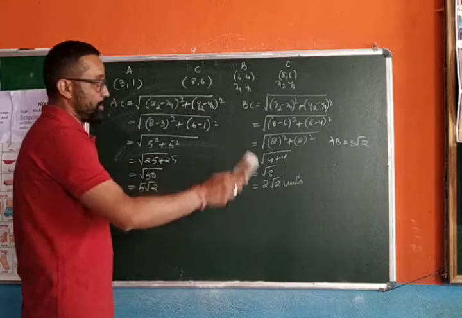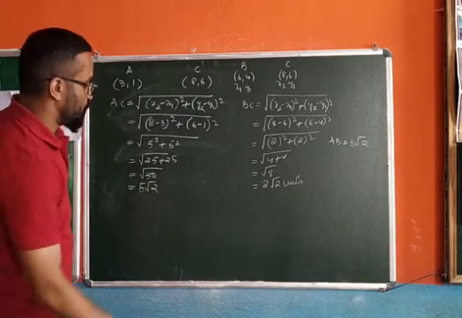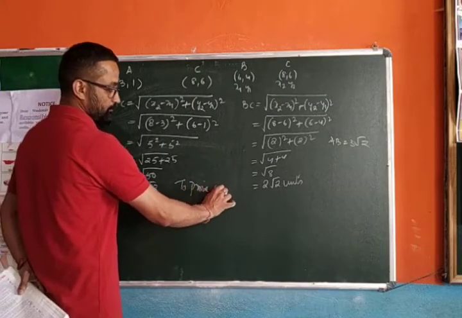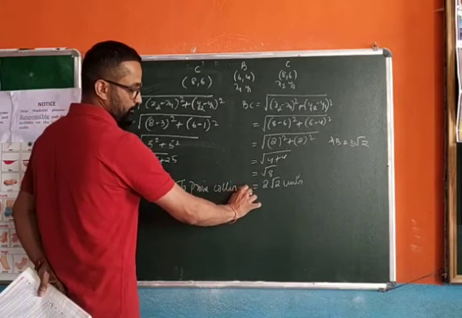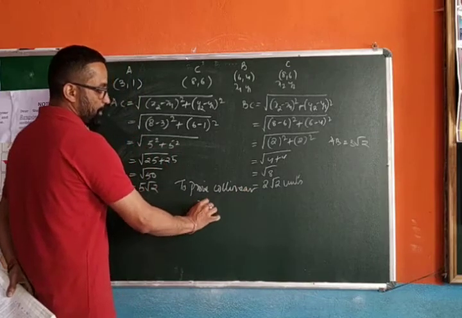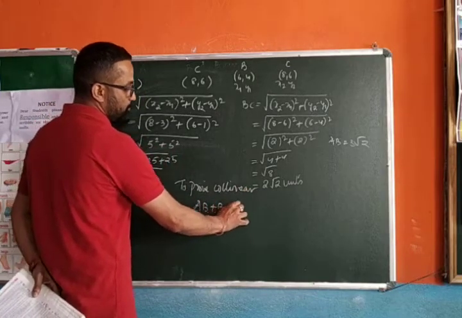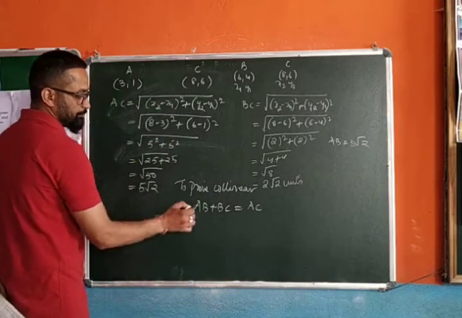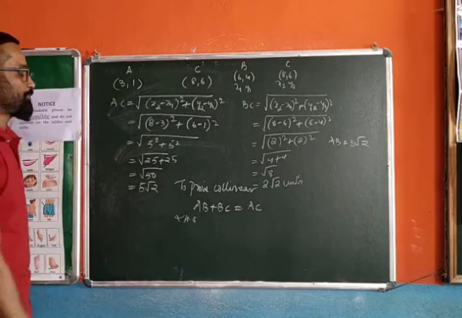After getting all three distances to prove collinear, AB plus BC must be equals to AC. So we take left hand side and substitute the value.